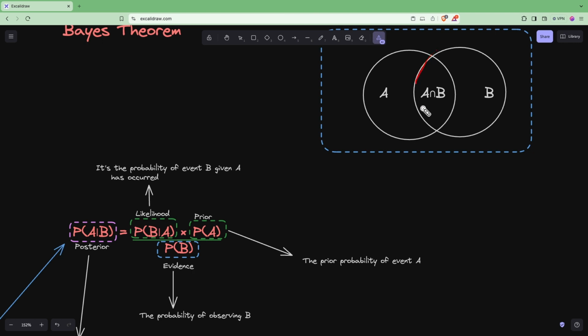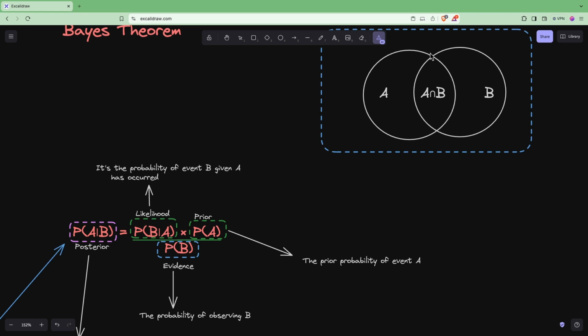As I said, if an event B has occurred, the sample space reduces to the sample space of the event itself. And what do we have to find?